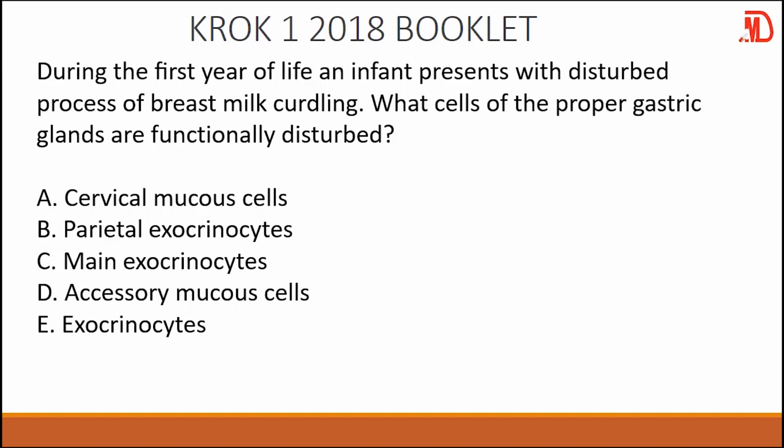Its role in digestion is to curdle or coagulate milk in the stomach, a process of considerable importance in the very young animal, in this case, the first year of life. So our answer is chief cells, also known as exocrinocytes. Alright.